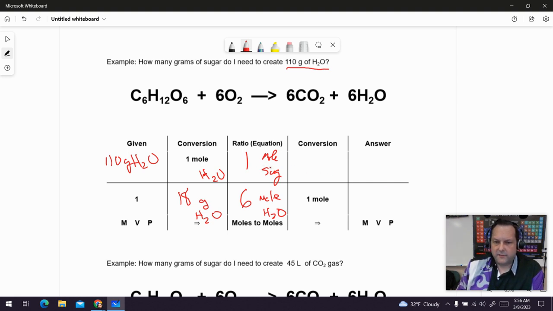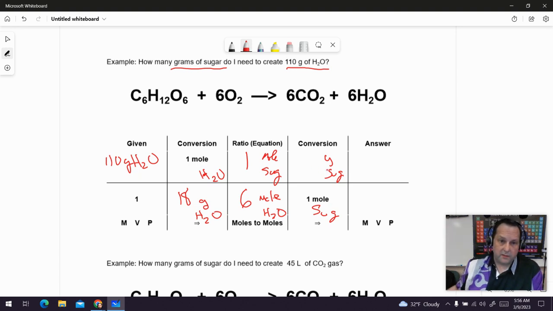So now I have everything turned into moles of sugar. I got to go out here. How many grams of sugar? So when I convert it to grams, I'm going to have 1 mole of sugar on the bottom, grams of sugar on the top. How many grams are there in 1 mole of sugar?